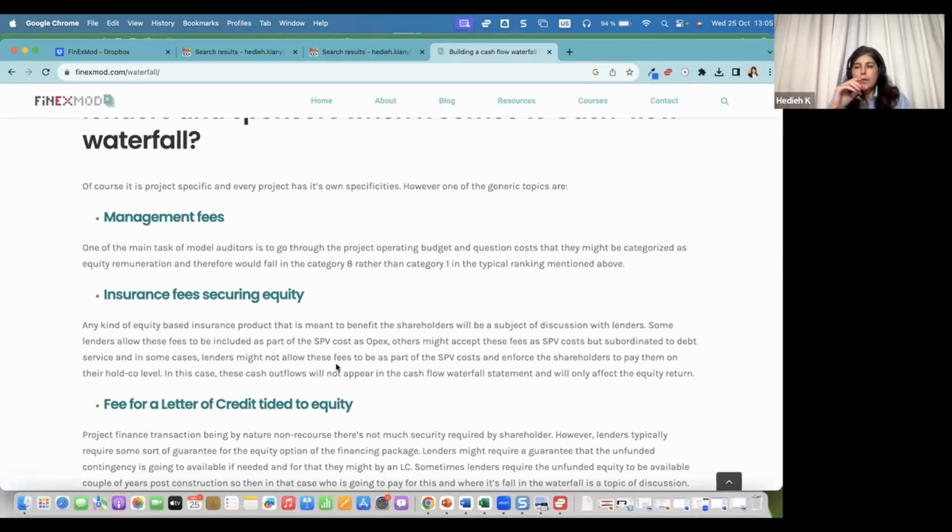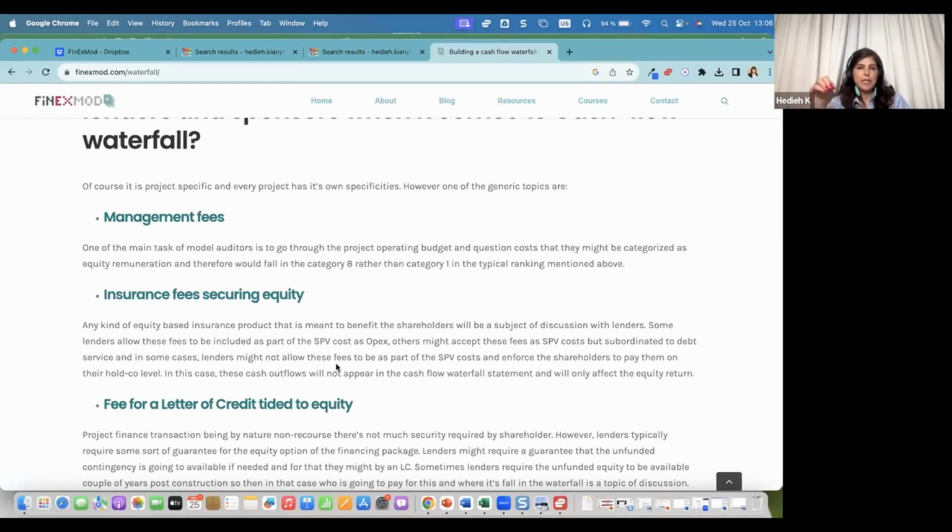But then the question remains, what about during construction? During construction, I don't have any revenues as a sponsor, so how am I going to pay for that? In most cases, lenders accept for these fees to be included in the construction budget during construction. But when it comes to operation, that's why I sometimes put a switch in my model.